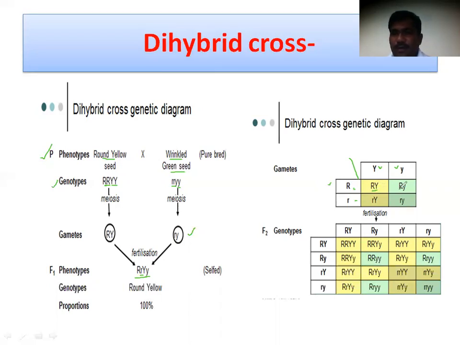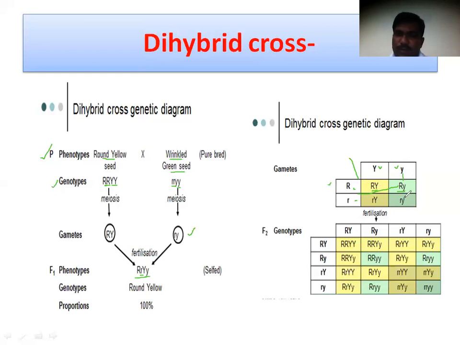Then second, capital R, small y. Then small r, capital Y, and small r, small y. So four different types of gametes are formed.